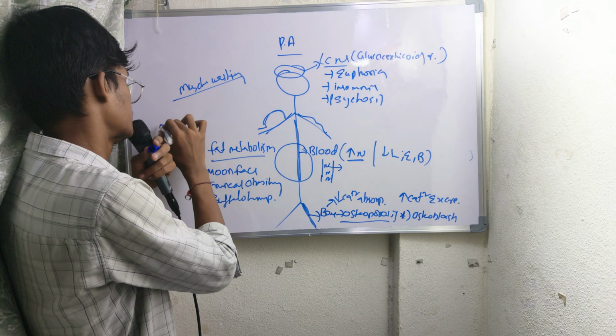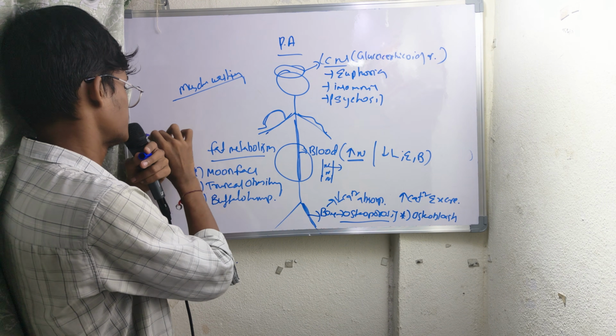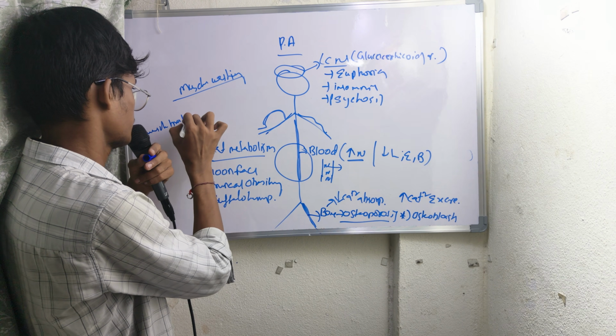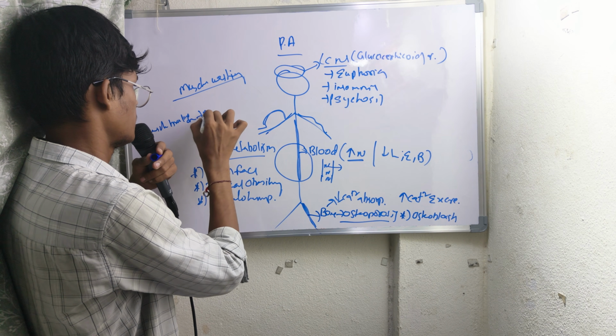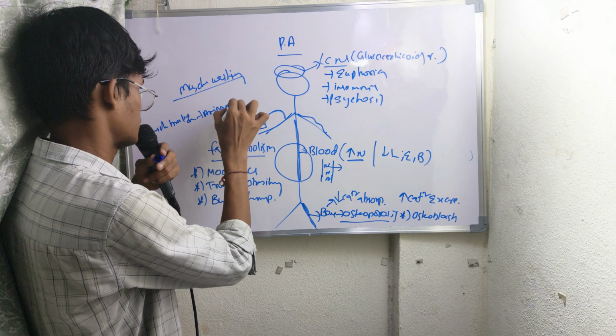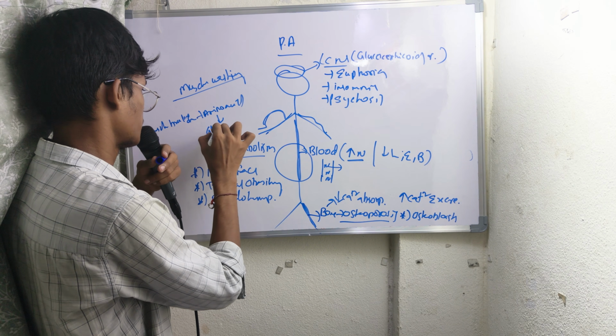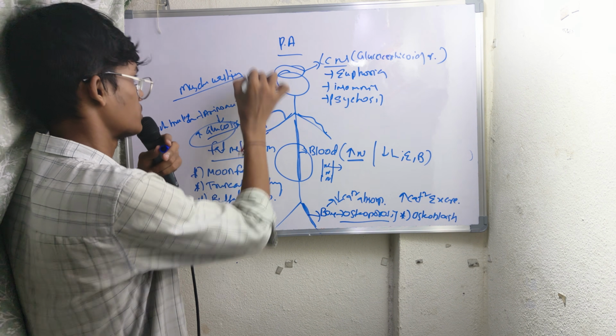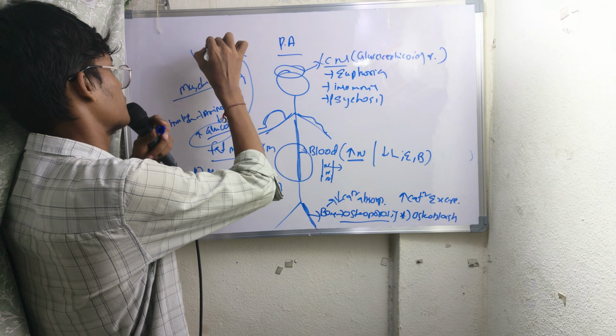So what happens, the muscle breakdown happens, amino acids are formed and from these glucose is formed. Okay, due to this, hyperglycemia may occur.